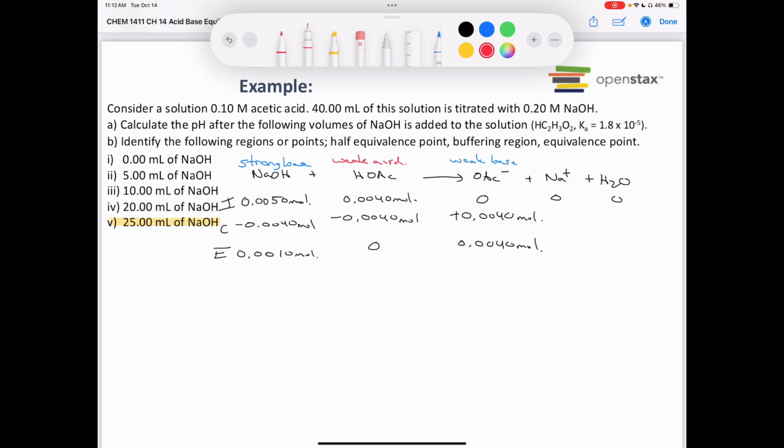And so we have the concentration of our hydroxide ion, we're going to divide by the total volume, which is going to be 65 milliliters, so 0.0650 liters. And we get our equilibrium concentration is going to be 0.015 molar.